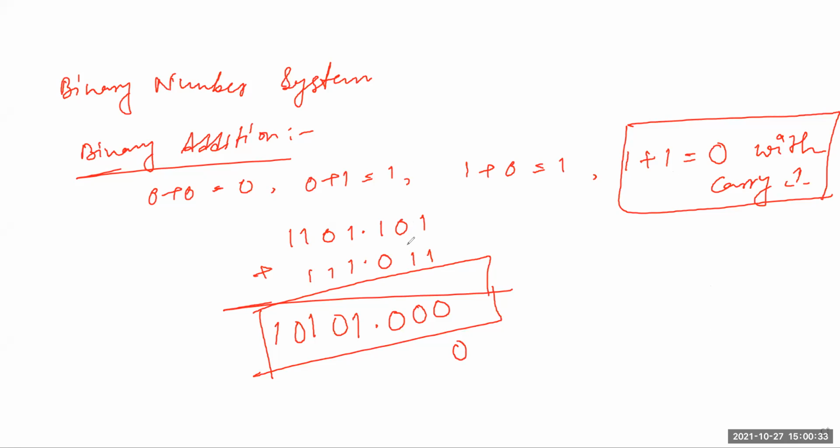Then 0 plus 1 means 1, plus carry 1, so it is 0, again with carry 1. Then 1 plus carry 1, so it is 0, again carry 1. Then 1 plus 1, 0 plus carry 1, so it is 1, again carry 1. Sir, I have a question. 1 plus 1 is 0, and we have carry.